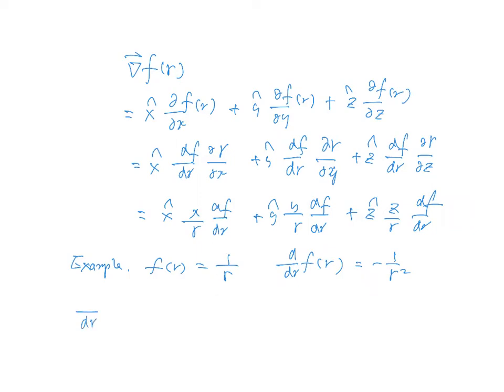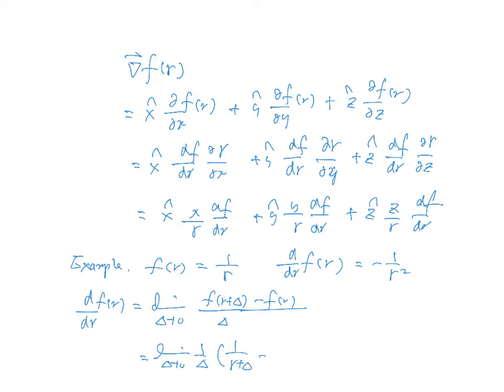So df dr, delta goes down, f of r plus delta, one over delta times 1 over r plus delta minus 1 over r, one over delta times r minus r plus delta over r times r plus delta.